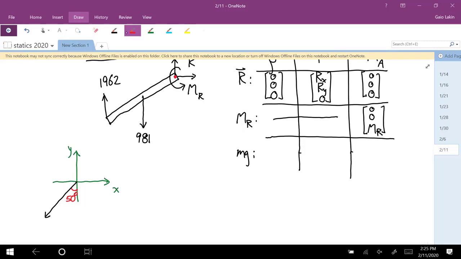Now the angle that we want is from the positive x-axis to this. So that's 270 minus 50. So that angle is 220.